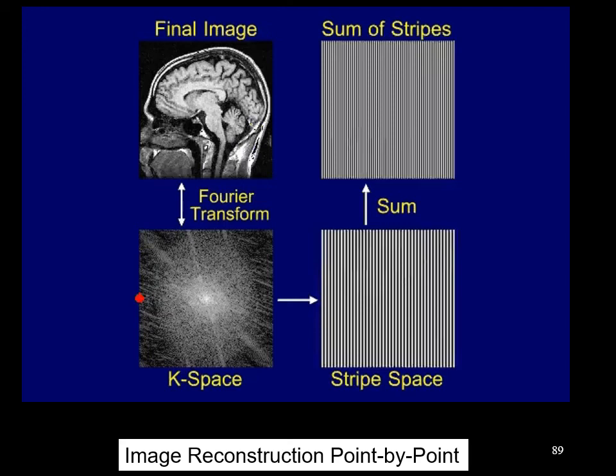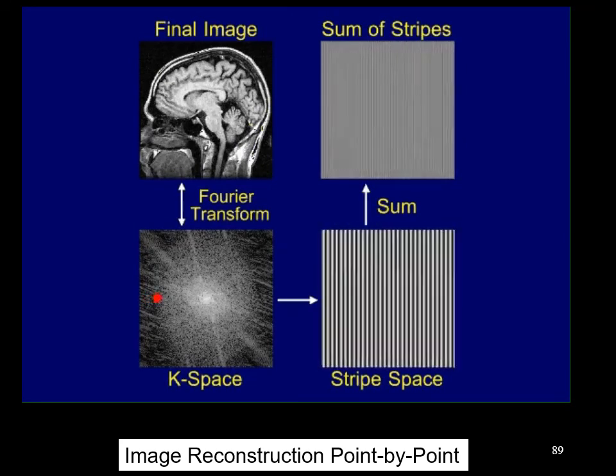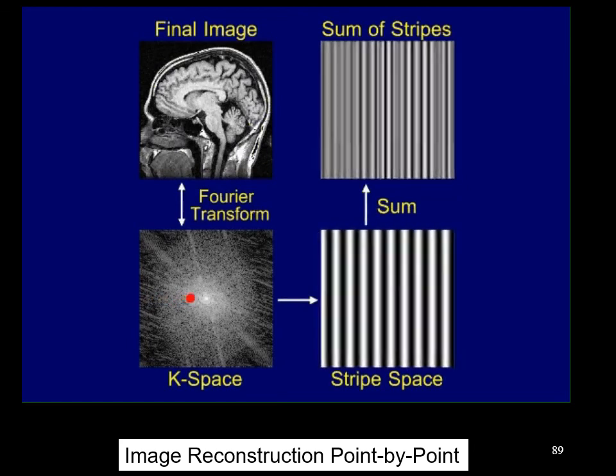The image on the bottom right is something I call stripe space, and it is the pattern of stripes that is represented by the red dot on the image in the bottom left. The image in the upper right is the sum of all the stripes as we add them together before we get to the final image.